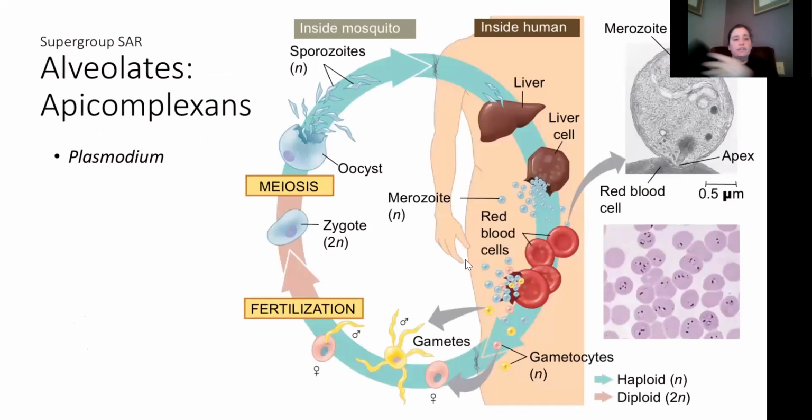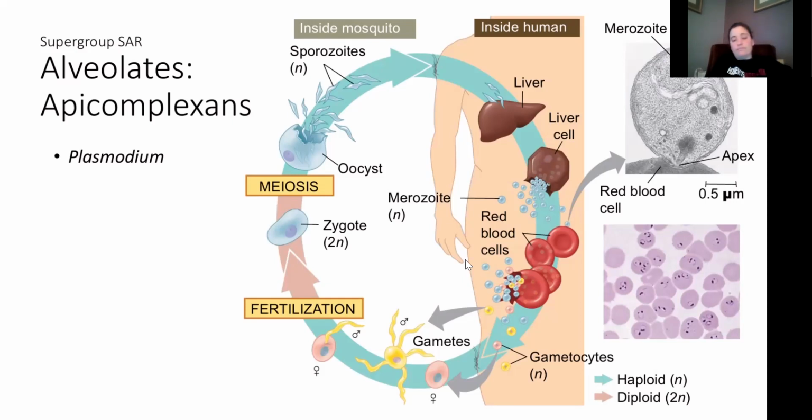Okay, so we need to finish up talking about the alveolates, which is part of the SAR. We talked about the stramenopiles, the diatoms, the golden algae, the brown algae, and alveolates. We talked about dinoflagellates, and then we need to talk about the apicomplexans, which I don't think I mentioned.